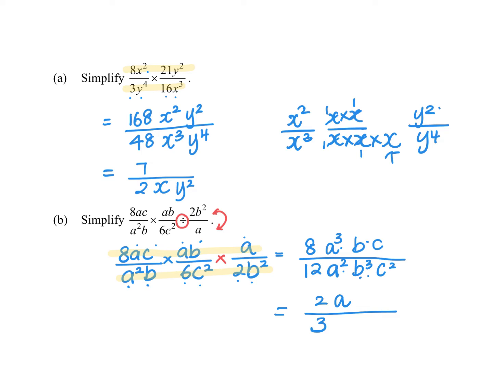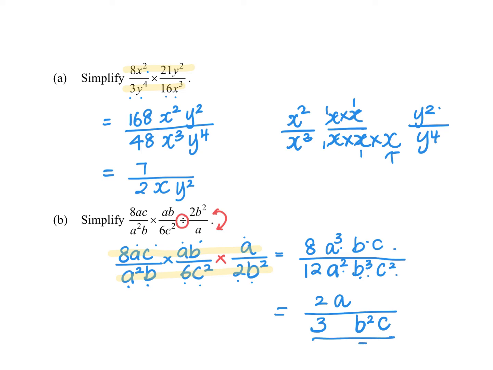On top 1, at the bottom 3, cancelling 1 away, I'm left with b squared. c and c squared: on top 1, at the bottom 2, cancelling 1, so I'm left with 2a over 3b squared c. This will be your answer.